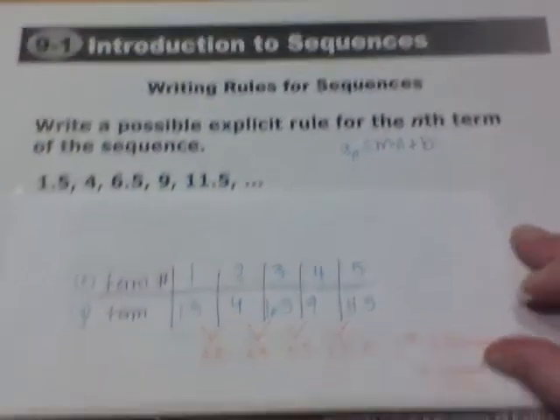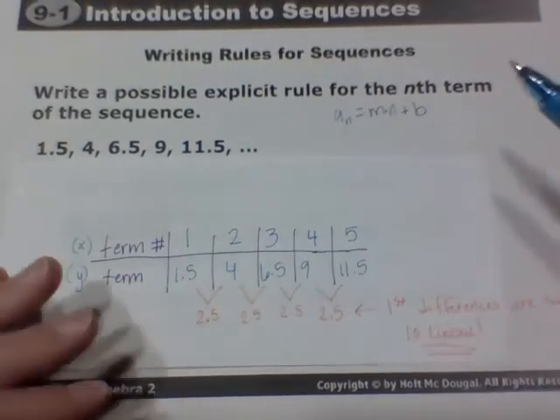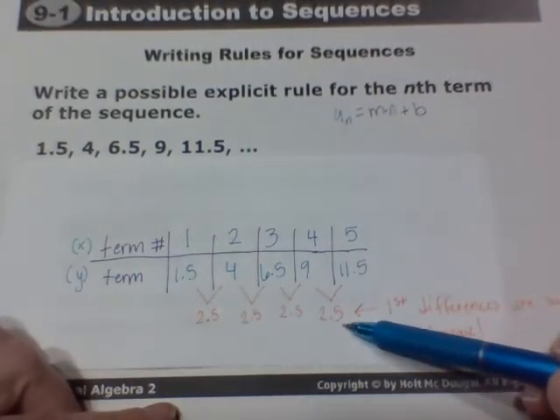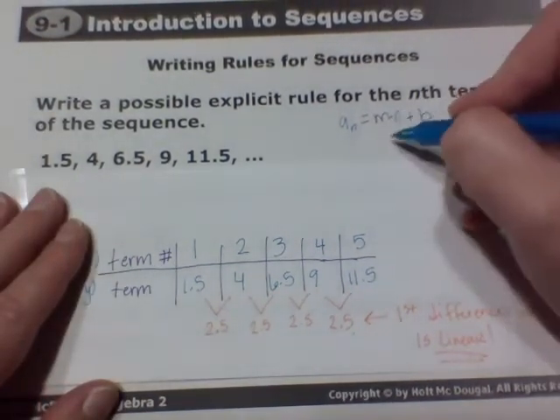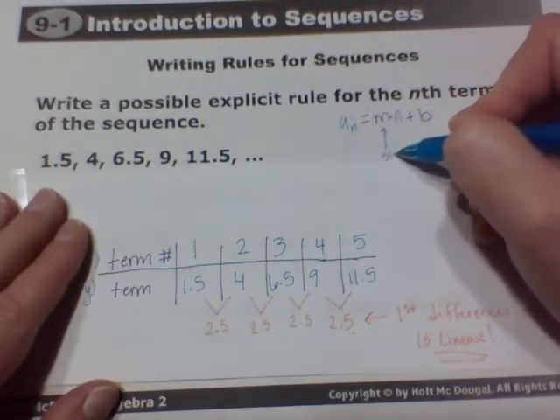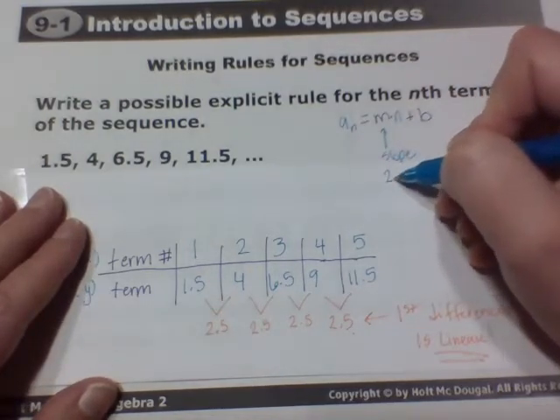All right. And so then we look down at our formula and we say, okay, well, remember that the thing that changed each time is our slope. Okay, so m is the slope, which in this case is the thing that's added each time, so 2.5.